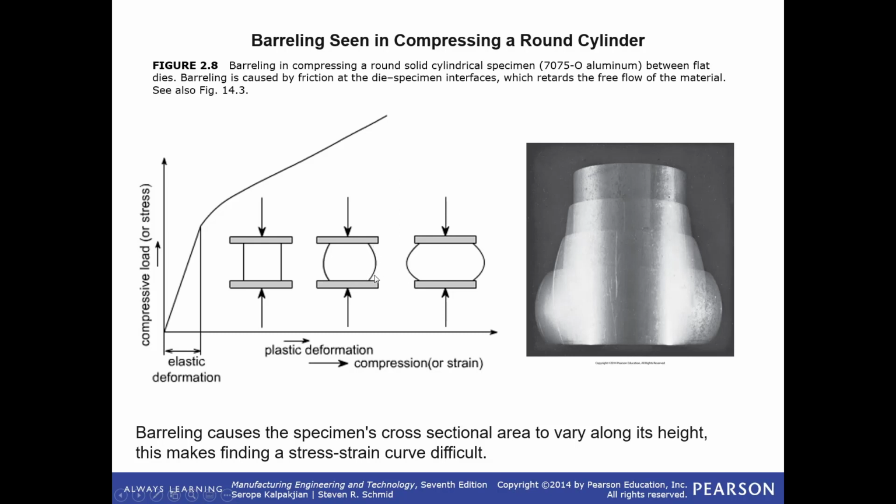So you get this barreling effect because the bottom and top material connected to the plate are sticking to the plate and moving out not quite as quick as the center, which doesn't have that restriction due to friction. So you end up getting a similar stress strain curve, but again, it's not as precise due to that barreling effect.